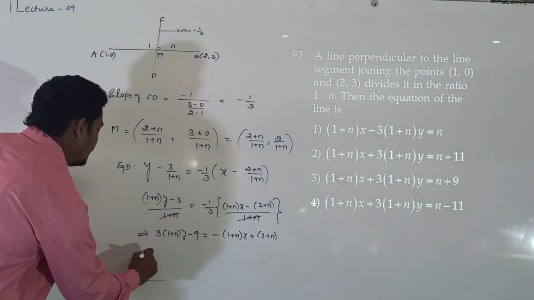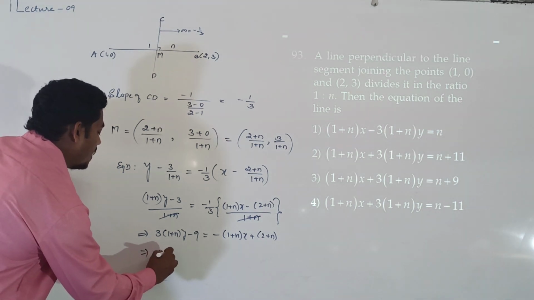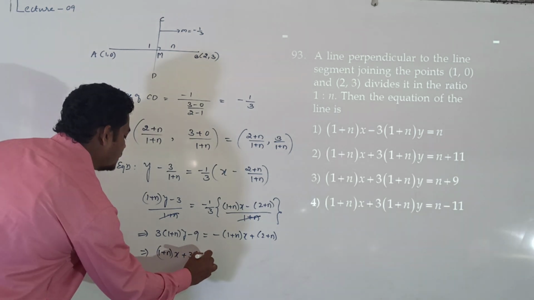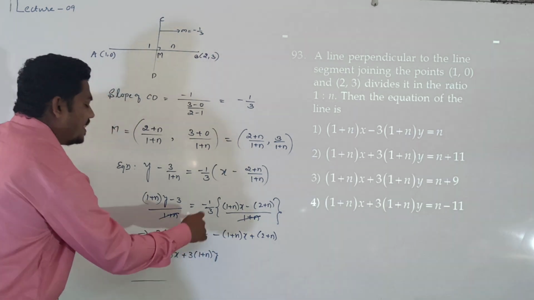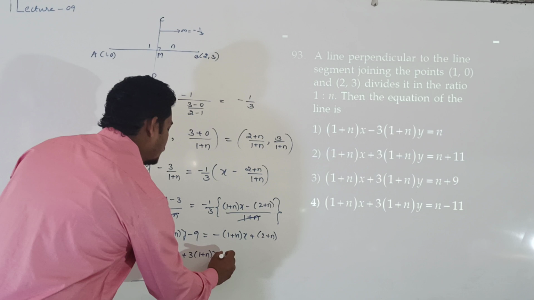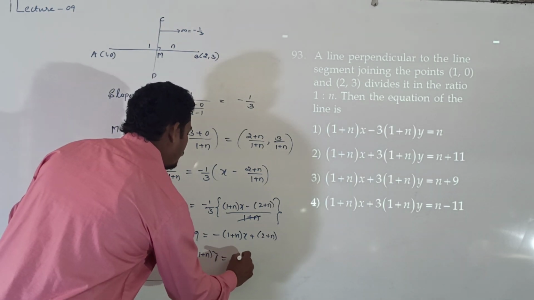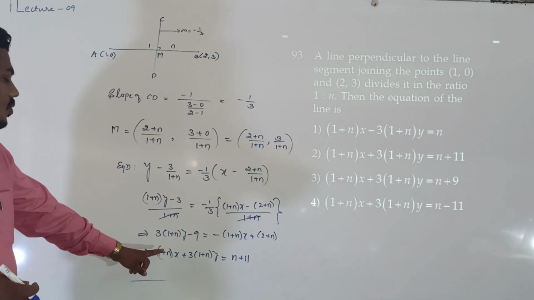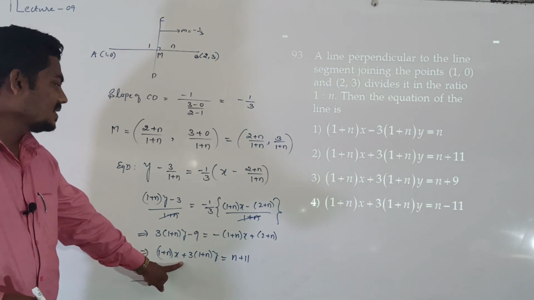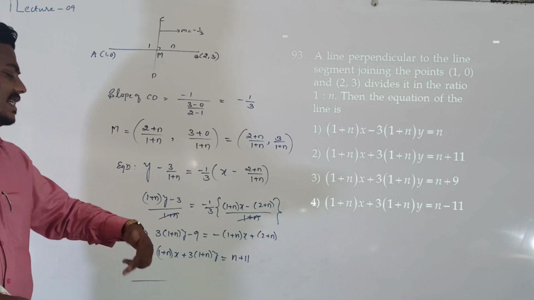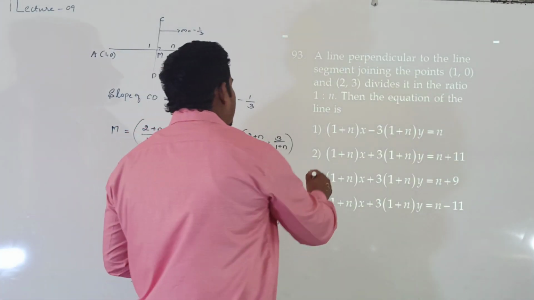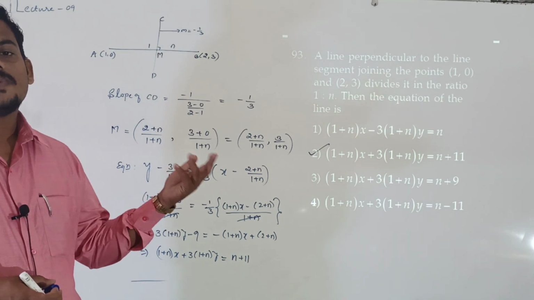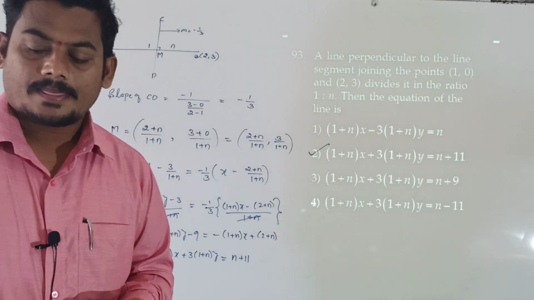Just rearrangement: (1 plus n) into x plus 3 into (1 plus n) into y, send this 9 to the RHS, then it will be n plus 11. This is our required answer. (1 plus n) into x plus 3 into (1 plus n) into y is equal to n plus 11. That is the second option. This is the equation of our required line, right?